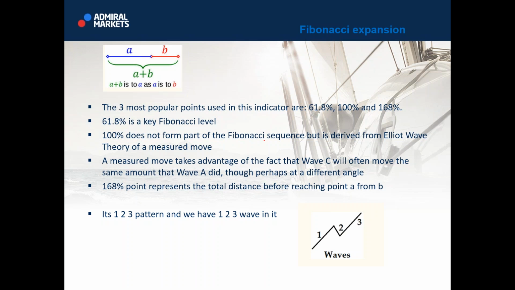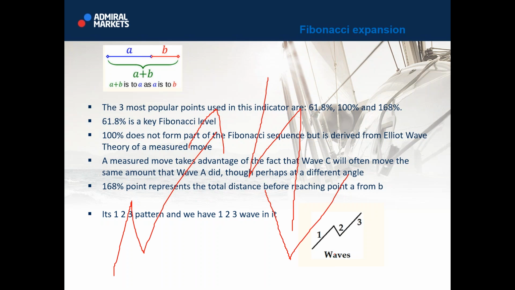A measured move takes advantage of the fact that wave C will often move the same amount that wave A did, but maybe at a different angle. 168 represents the total distance before reaching from point A to point B. Simply put, guys, it's the 1, 2, 3 pattern, and we have 1, 2, 3 waves in it. So 1, 2, 3, bullish N or bullish inverted, bearish inverted N. Bullish, bearish.